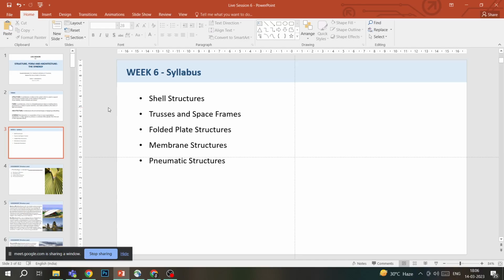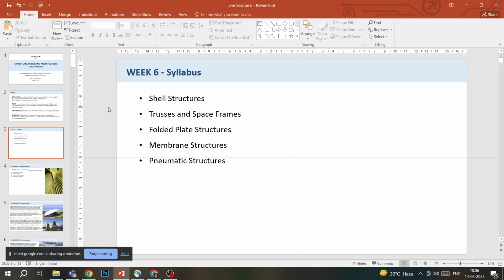In shell structures, the topics covered were an introduction about shell structures, what are shell structures, the loads that act on shell structures, examples from around the world, Indian examples and examples from other parts of the world, different materials that are used to make shell structures, different typologies of shell structures, for example monoclastic, anticlastic, synclastic types, and then different shapes of shell structures like hyperboloid, paraboloid, and other things.